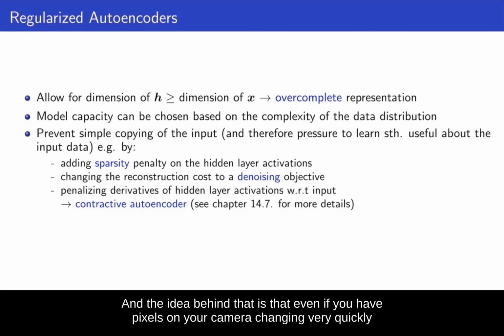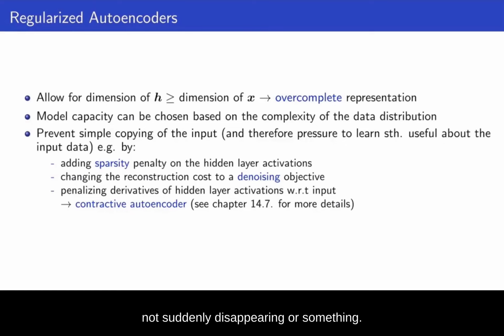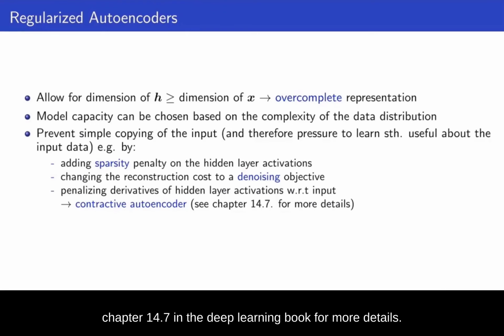The idea behind that is that even if the pixels on your camera change very quickly because the object moves, the underlying causes of these camera pixel values are not suddenly disappearing. So they will still be there. These might move around, and in general, this causes the variation that you see in your camera, and they should actually change slowly. So then you get to this contractive autoencoder. Now I'm not going to go into too much detail, but if you want to learn more about the contractive autoencoder, I urge you to look at chapter 14.7 in the deep learning book for more details.